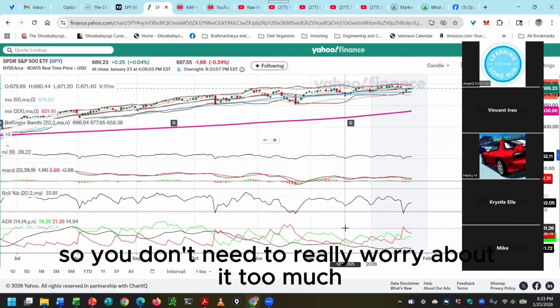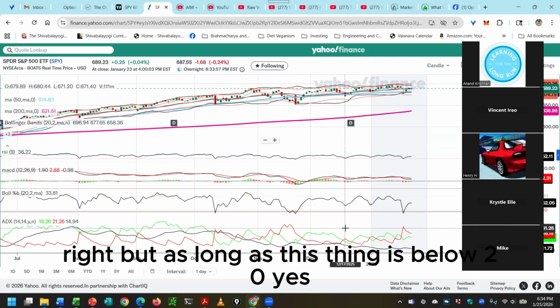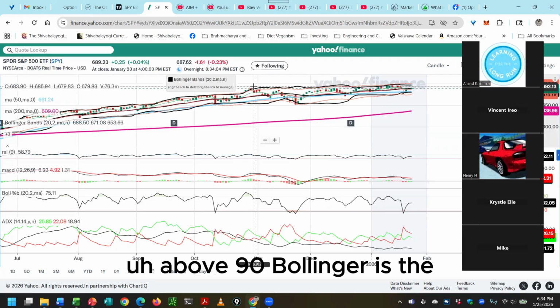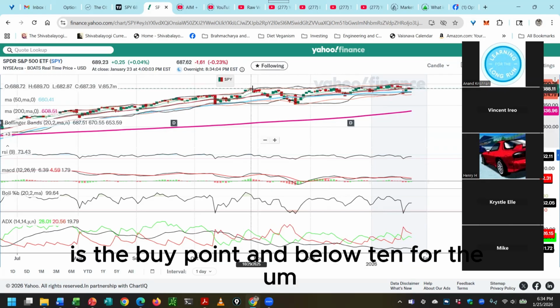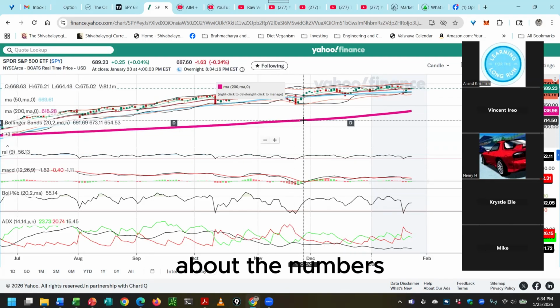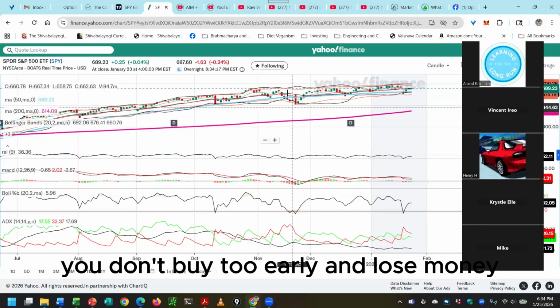So you don't need to really worry about it too much. But as long as this thing is below 20, above 90 Bollinger is the buy point, and below 10 for the other side, and you should be as strict as possible about the numbers, so that you don't buy too early and lose money.